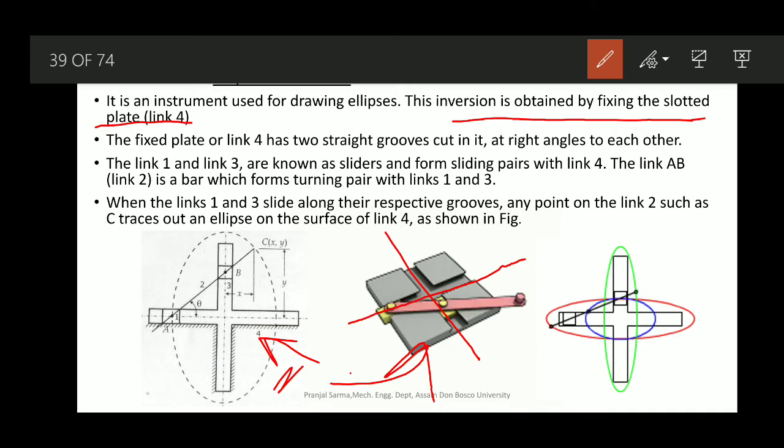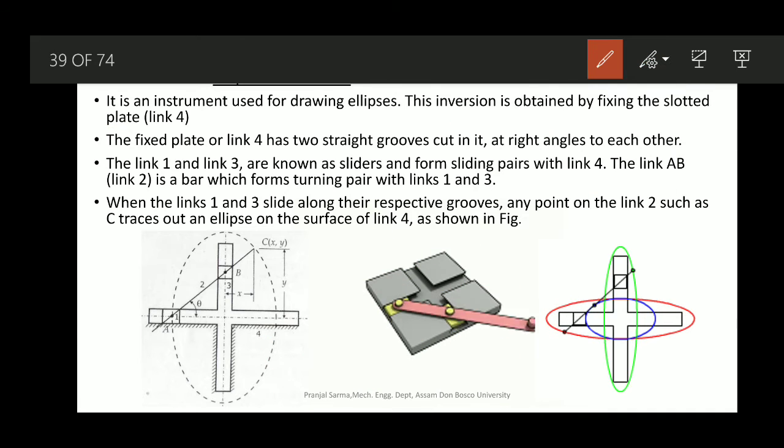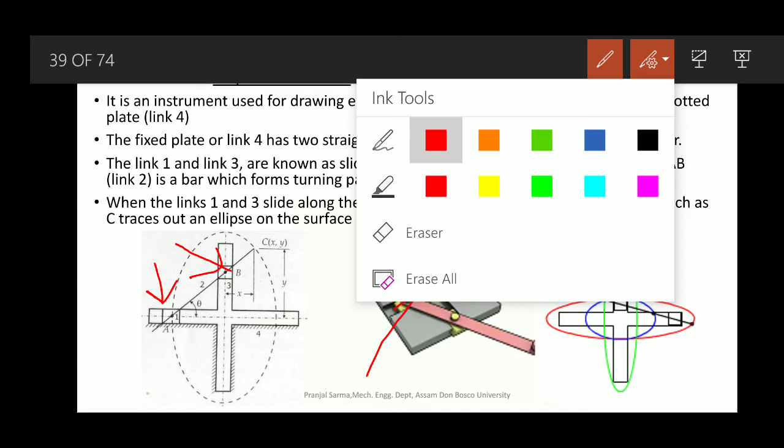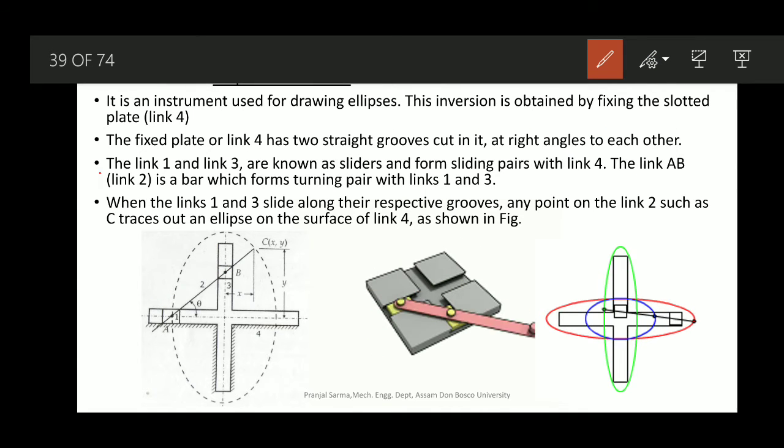And in these grooves there are two sliders, here link 1 and link 3, the yellow portions. Both the yellow portions are nothing but the sliders, and they form sliding pairs with link 4, the plate.